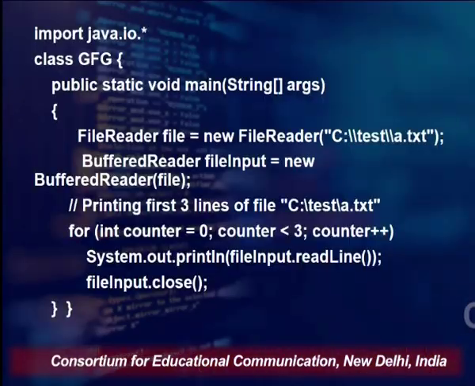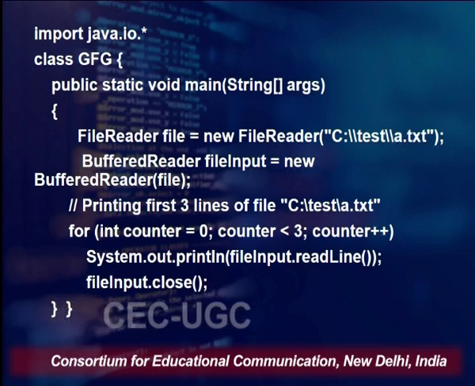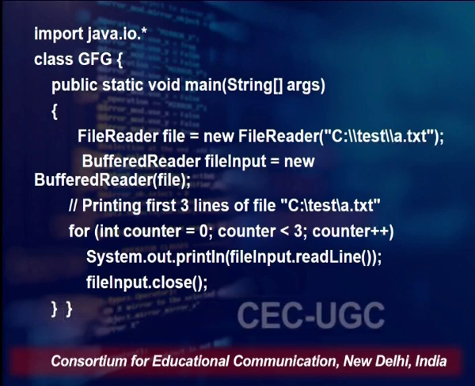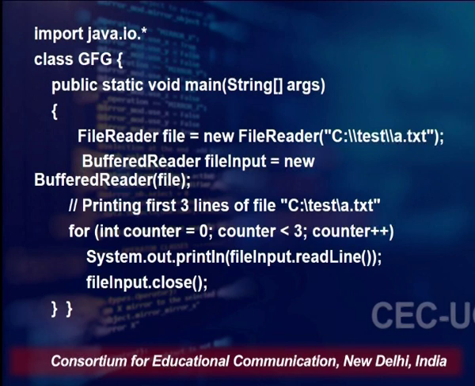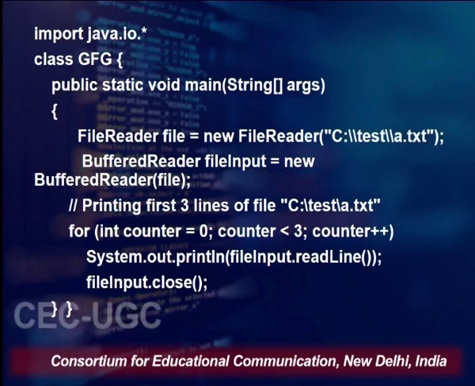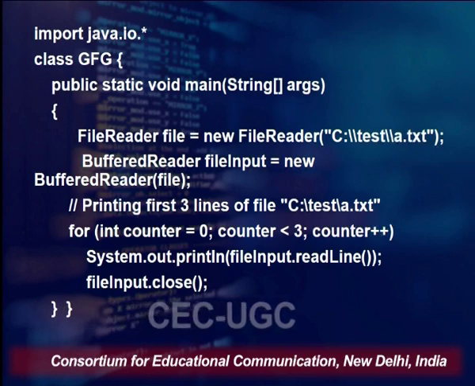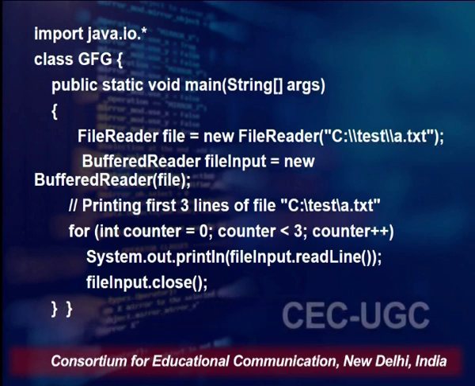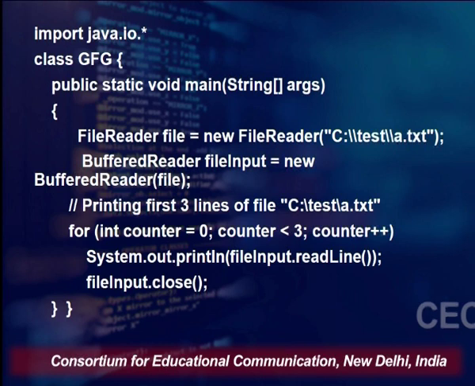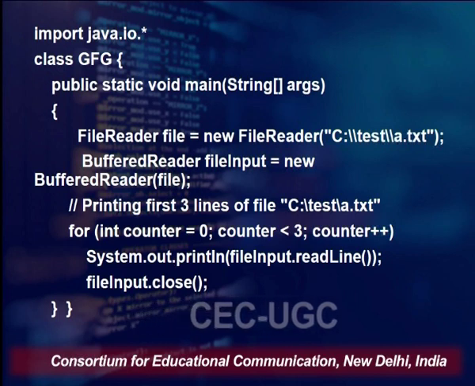So here we have a program which says import java.io.*, and we have a class CFG. Inside this class we have our main method, which we have defined in the very traditional way, public static void main with string arguments as the parameters.